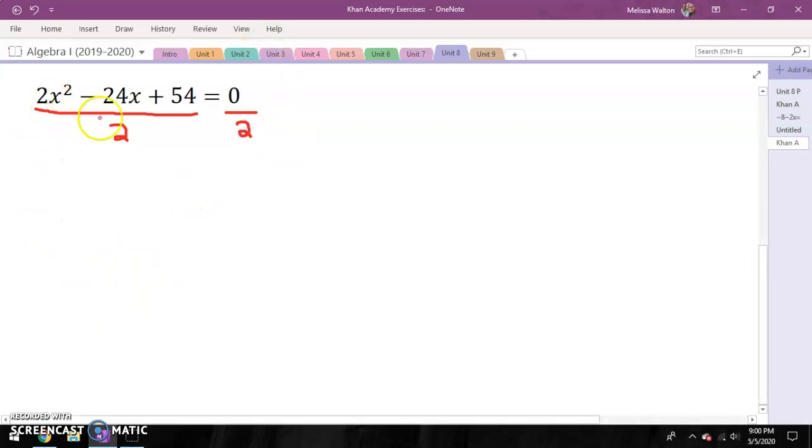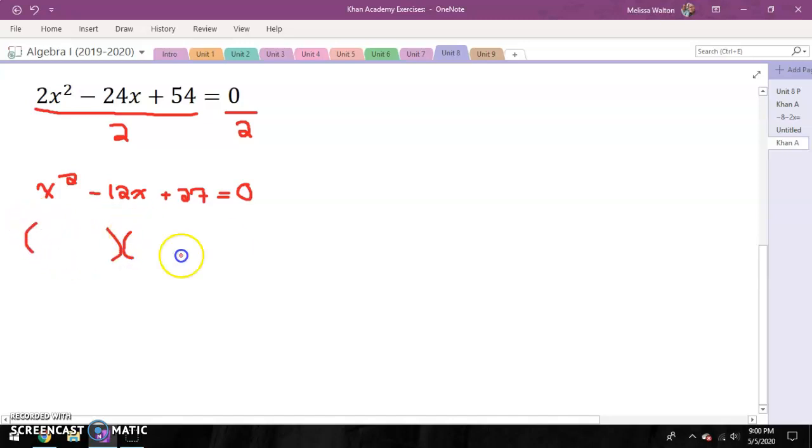So 2x squared divided by 2 is simply x squared. 24 divided by 2 is negative 12x. And then finally, 54 divided by 2, that is 27. And on the other side, 0 divided by 2 is still equal to 0.